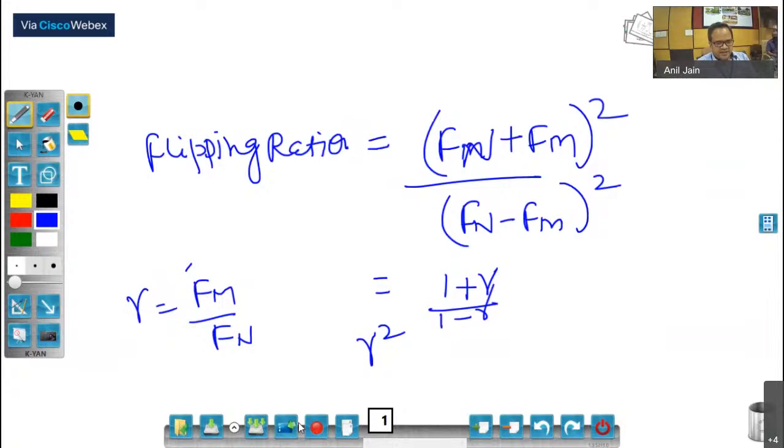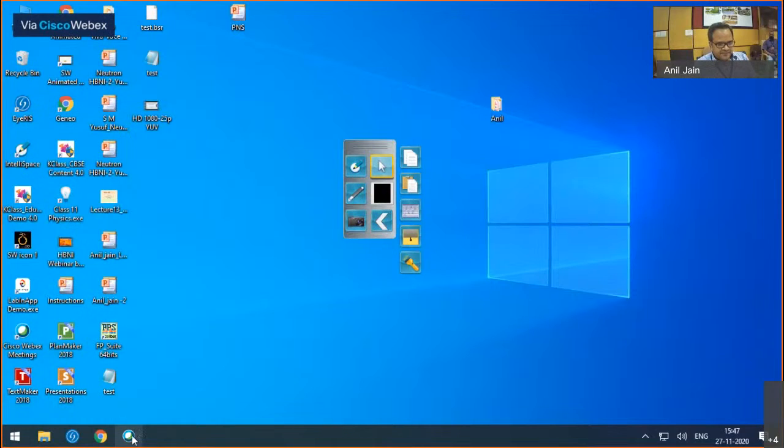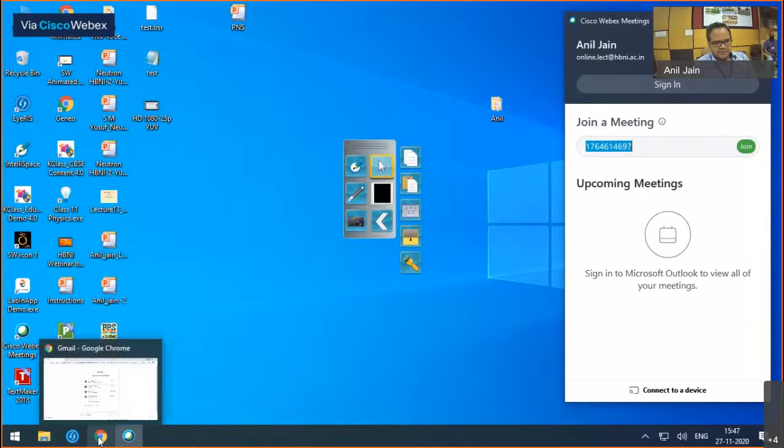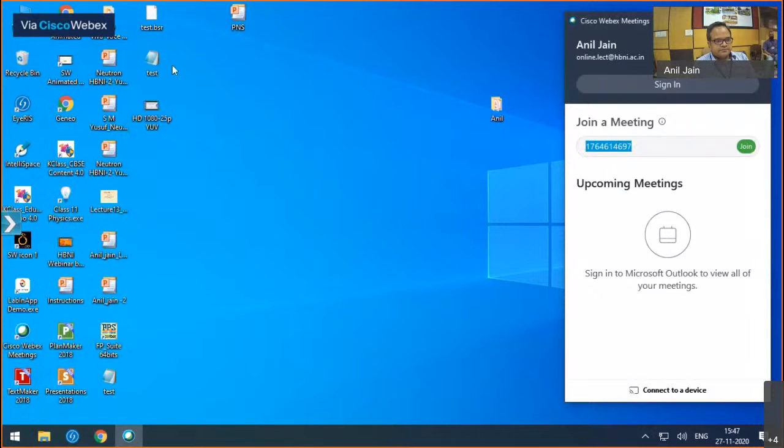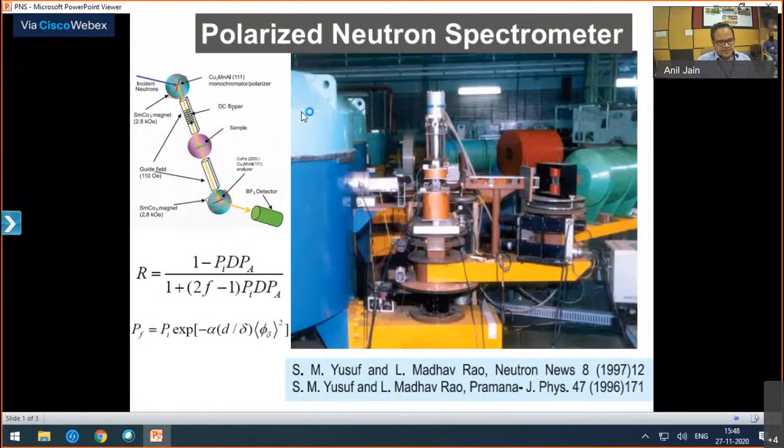Another thing which you can do with this polarized neutron is use this polarized neutron spectrometer in the direct geometry, means you can check how the neutron beam gets depolarized when it passes through your sample.